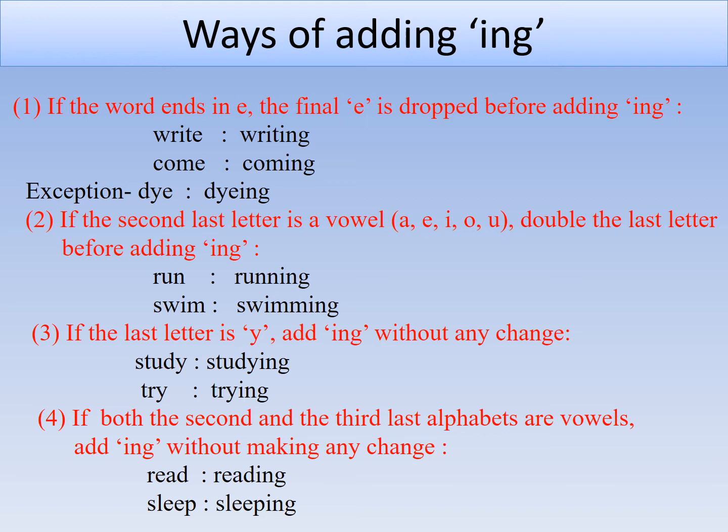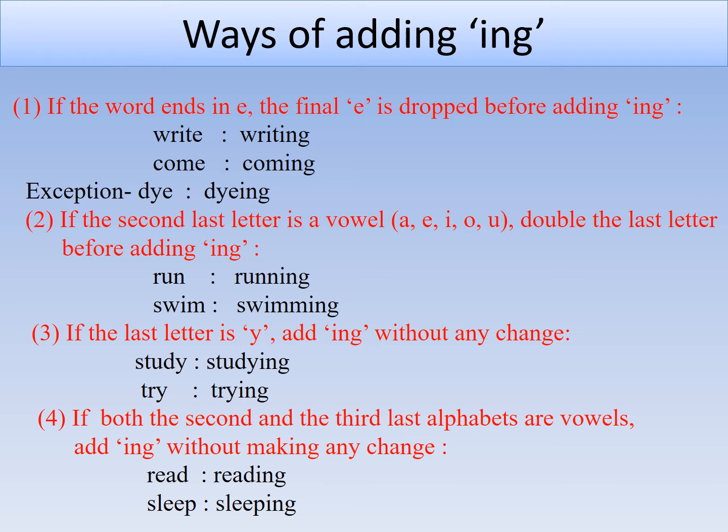Rule number 3. If the last letter is Y, add ing without making any change. Study, studying. Try, trying. No change is to be made here. Rule number 4. If both the second and the third last alphabets are vowels, then add ing without making any change.